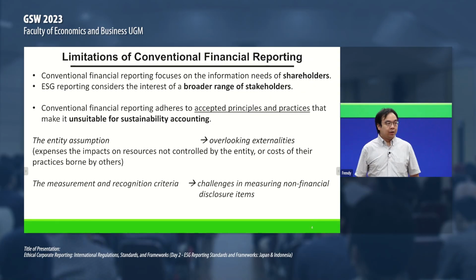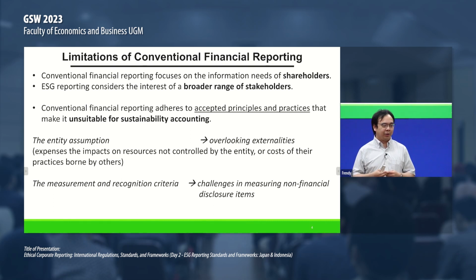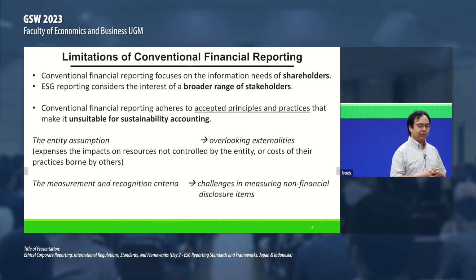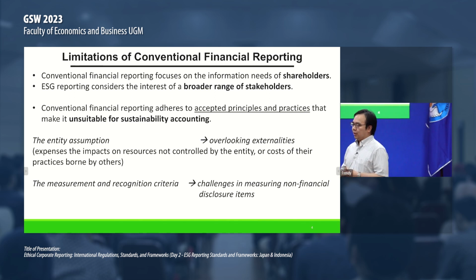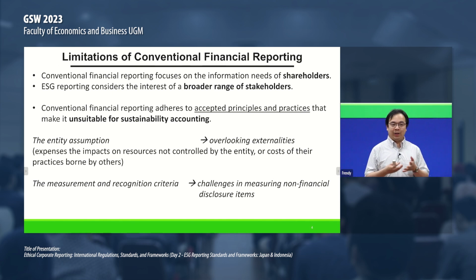is the measurement criteria, okay? So just like we discussed yesterday, there is a lot more information that needs to be disclosed in ESG reporting, okay? So not just numbers that are reflected by monetary value like dollars or yen or euros. A lot of this information is qualitative in nature and difficult to measure.